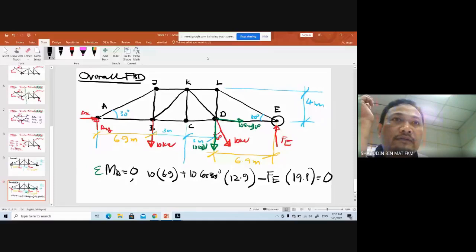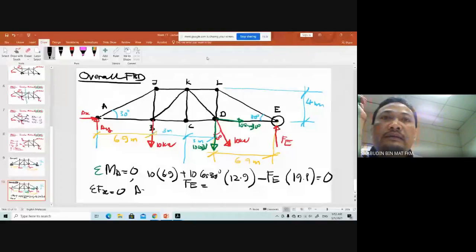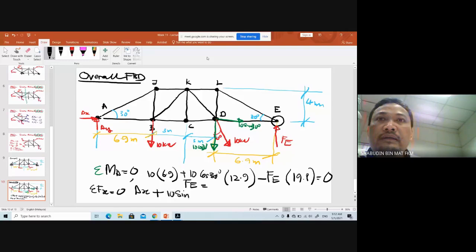Tell me what FE is. Then you have summation of force in X is equal to 0. You have AX plus 10 sin 30 degrees equal to 0, and then you will get AX. Summation of force in Y is equal to 0.